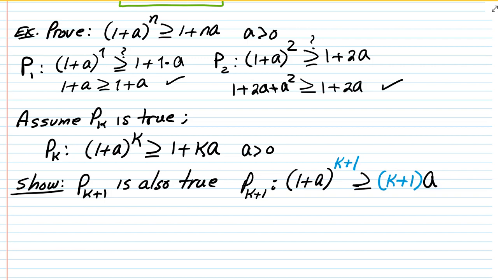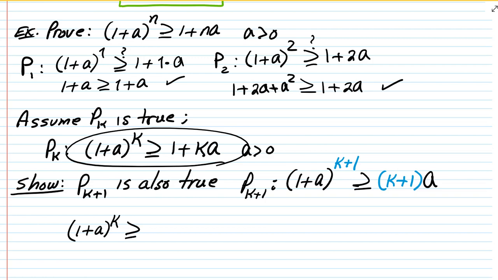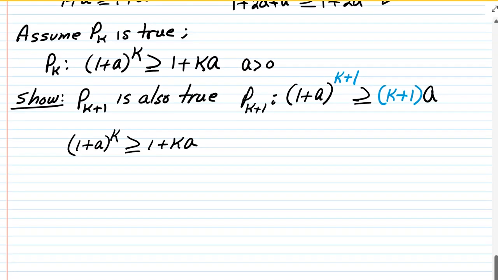Okay, and I'm going to start with my induction hypothesis then. I'm going to say that 1 plus a to k, they allow me to make this presumption. There you go. I can start with that. That's a given. Okay, now what am I going to do? Let's multiply both sides by 1 plus a.